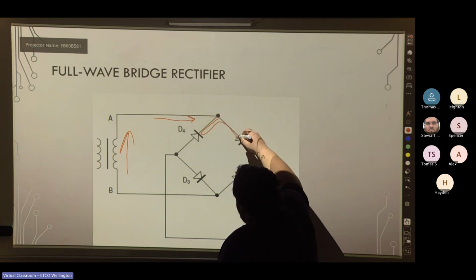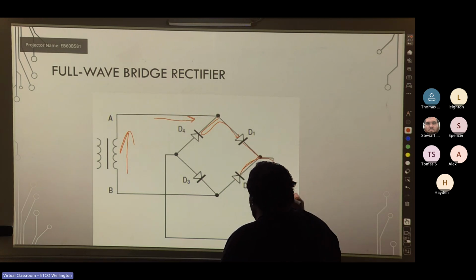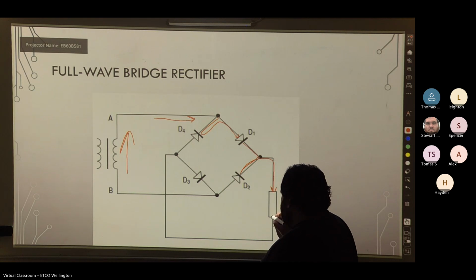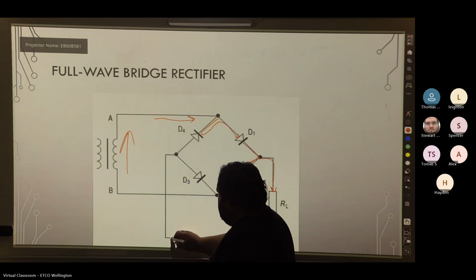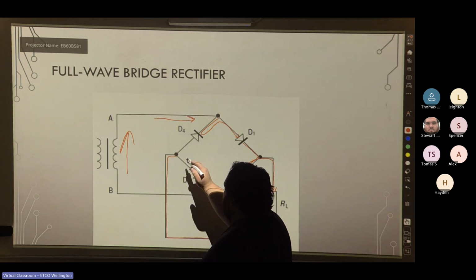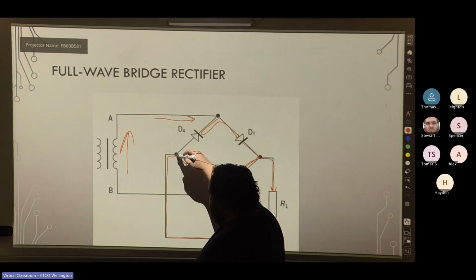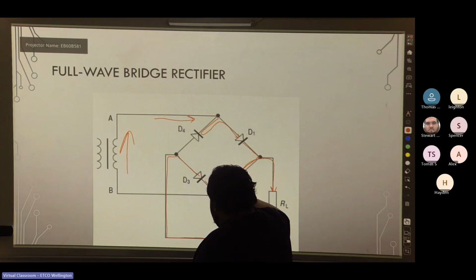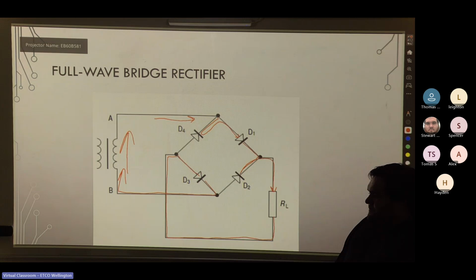And then it comes down here and flows down here, but can't go this way, it gets rejected, then comes down here to the load, then it comes out of the load to this point here, and then it can either go this way, but it wants to go back to this point, so it's going to come down this way through this diode and back to the transformer. Does that make sense to you guys?